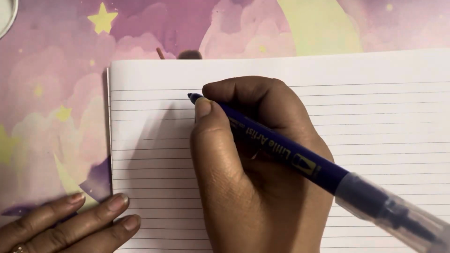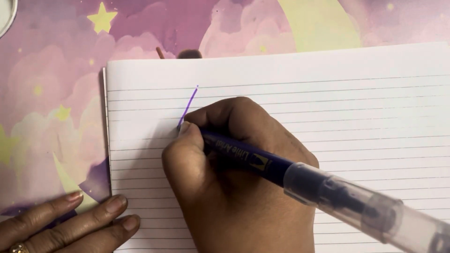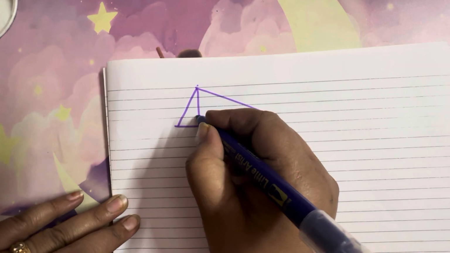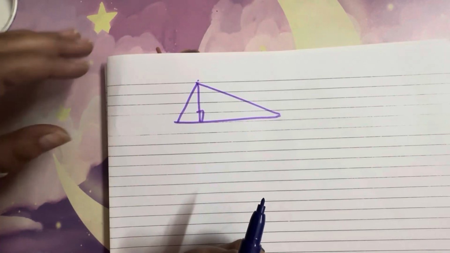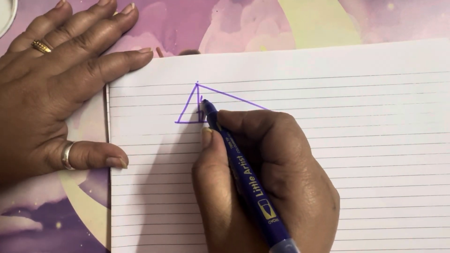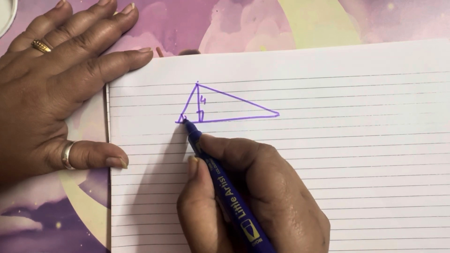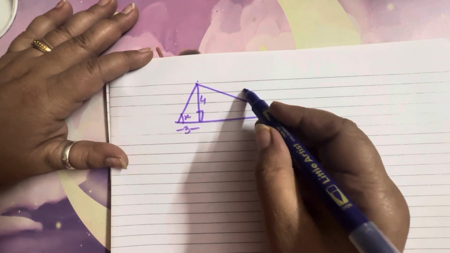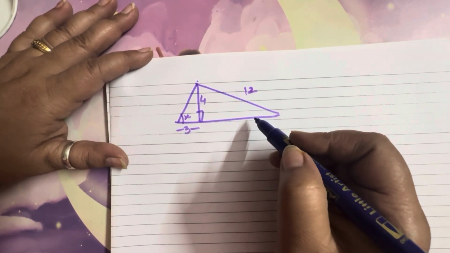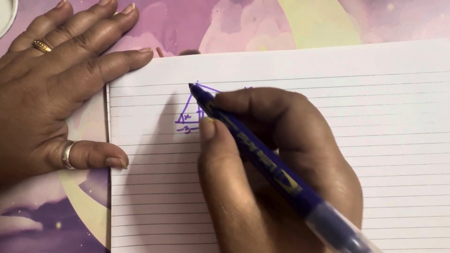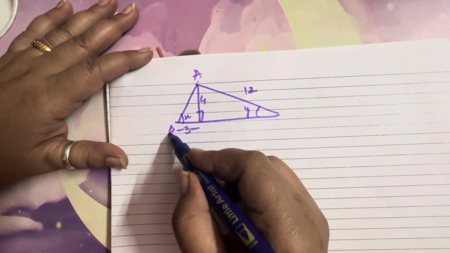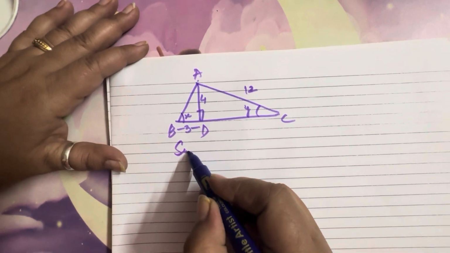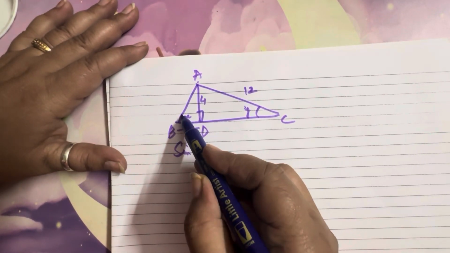They have given us a figure. This is 90 degree. So this is 4, this is angle X. This is 3. This is 12, and this is angle Y. So we are giving names A, B, C, D. We have to find out the value of sin x, so this angle.